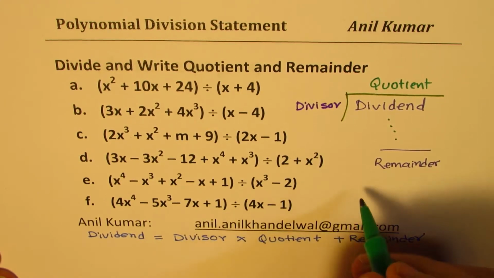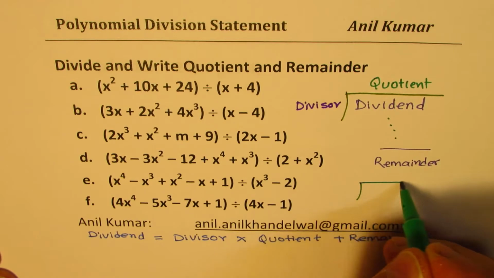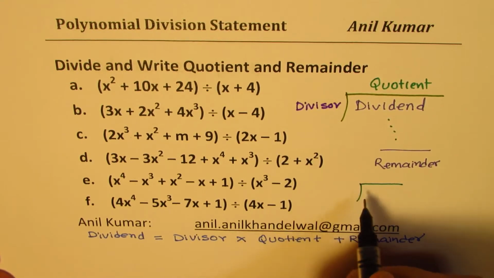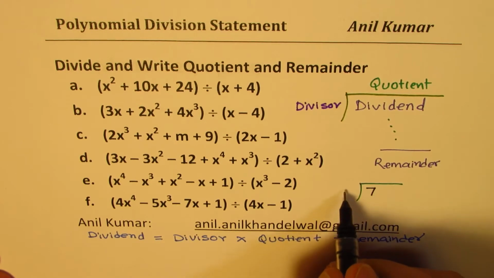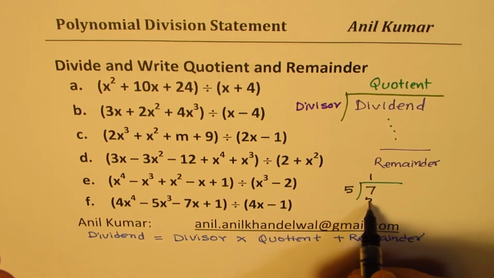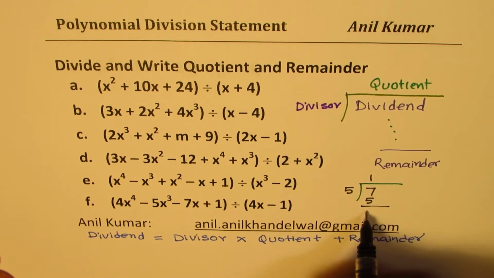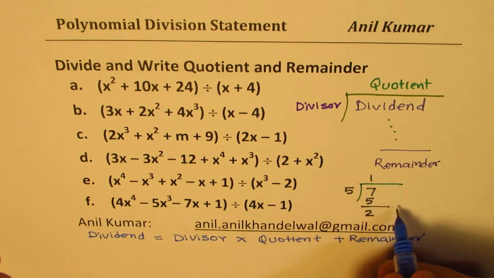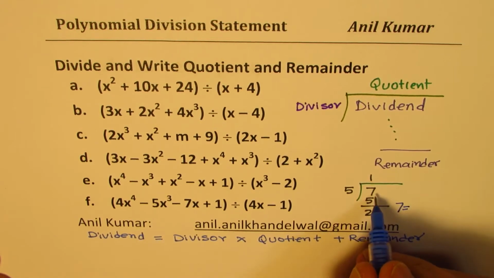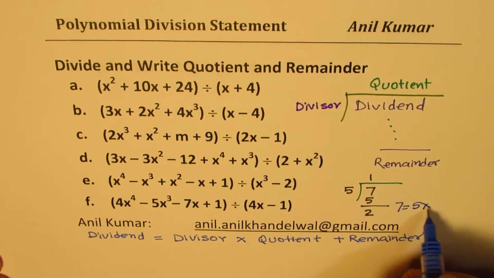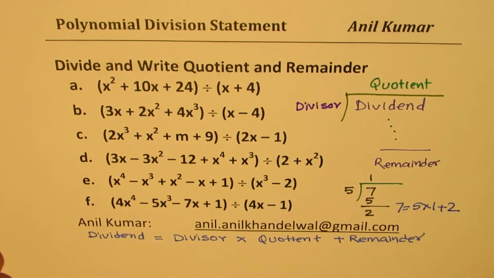Now, an easy way to remember all this is take a simple example. Let us say I am dividing 7 by 5, then 5 times 1 is 5 and the remainder is 2. So you could write in this case that 7, that is the dividend, is equal to 5 times 1 plus 2, correct?